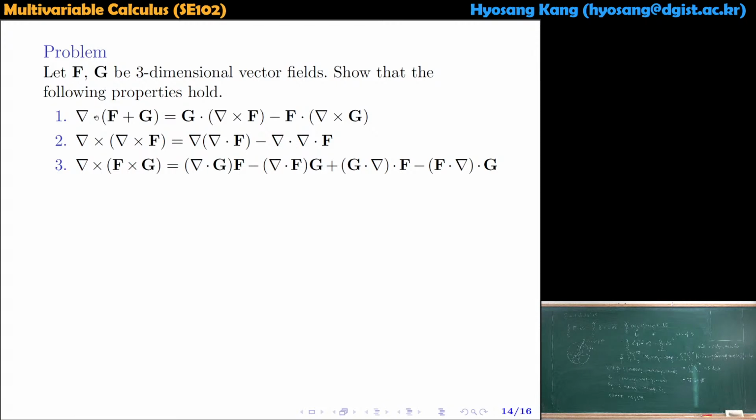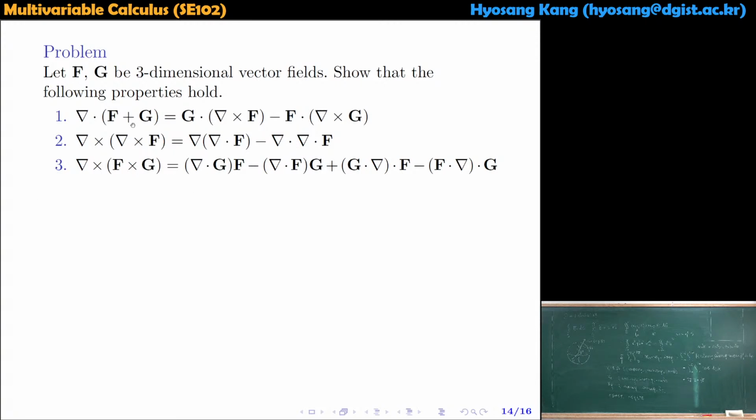For this example, you can set F to be the vector field PQR, and let's say G to be the vector field ABC, and then just compute the left-hand side and right-hand side, and compare that each coordinate of the vectors is the same. It's not hard to do.